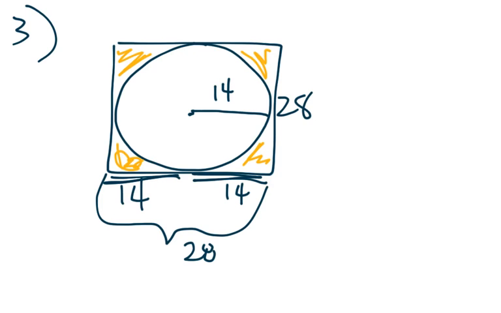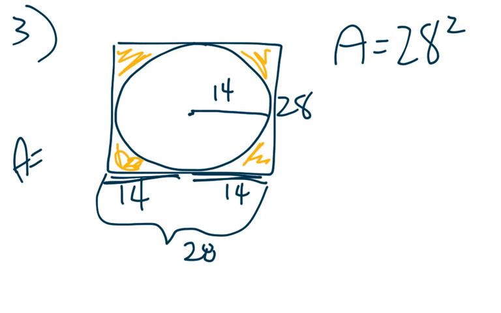Okay, so what we're going to do is find the area of the square, which is 28 squared, and then find the area of the circle, which is pi 14 squared. Oops, forgot the pi. Can't forget the pi.